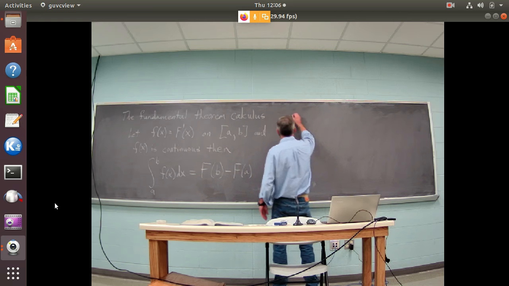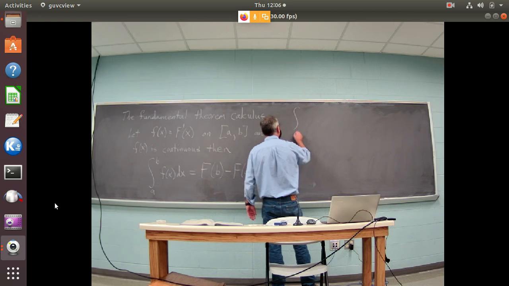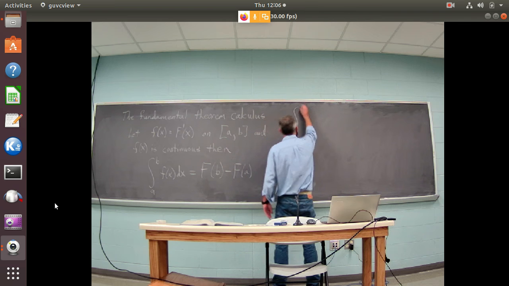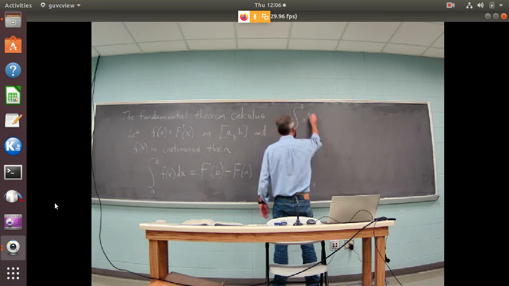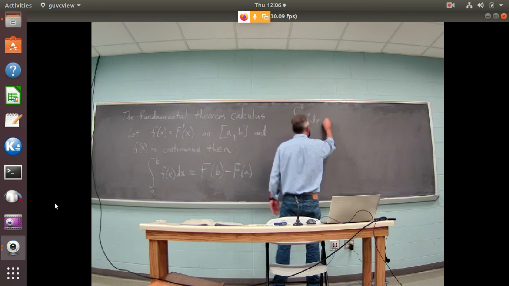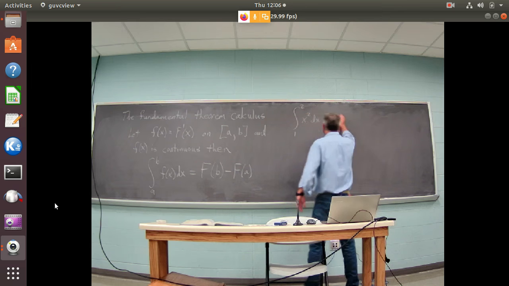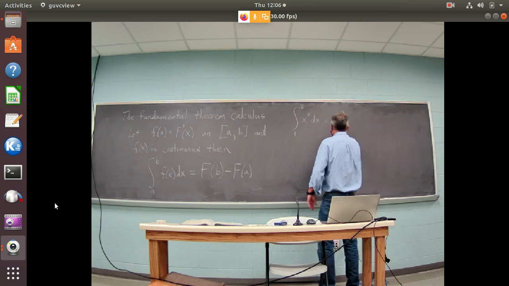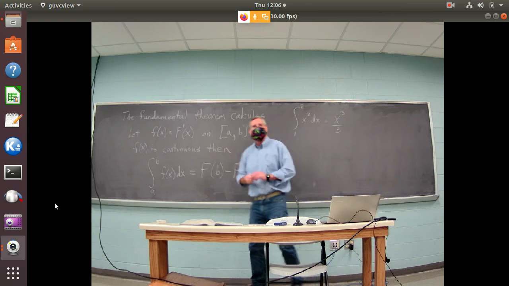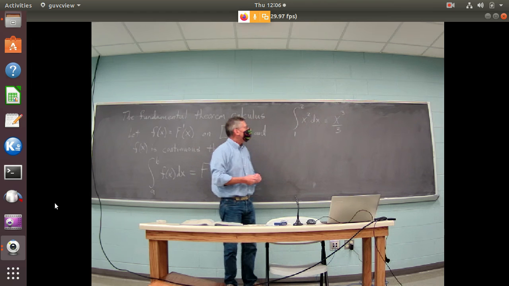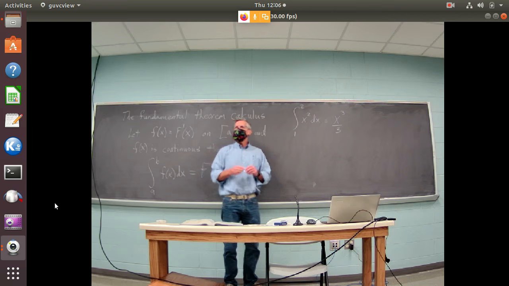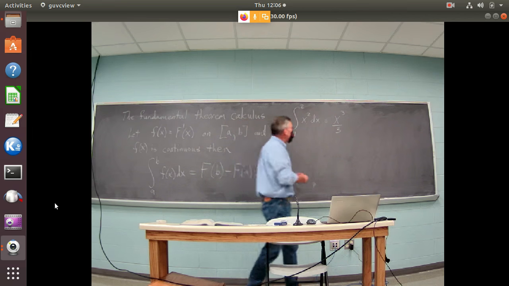So if I would like to find the integral from 1 to 3 of x squared dx, this says all I have to do is do the antiderivative of x squared, so x cubed over 3. So this is one reason antiderivatives are so important.